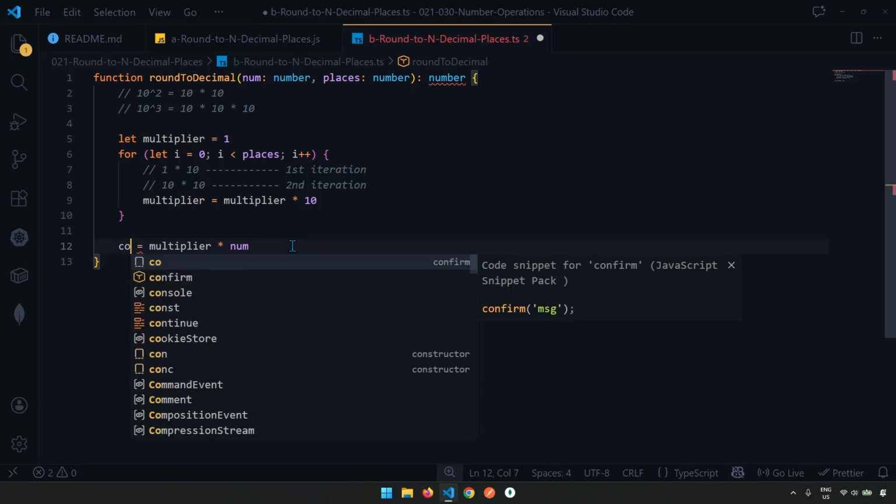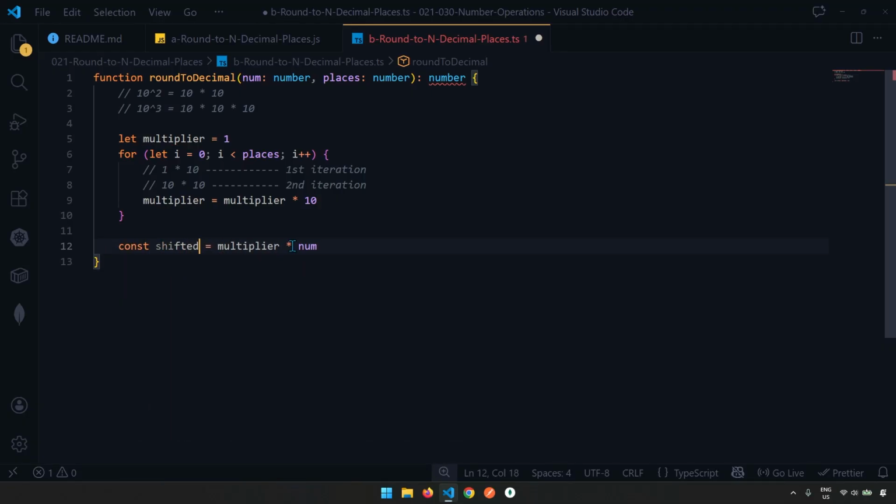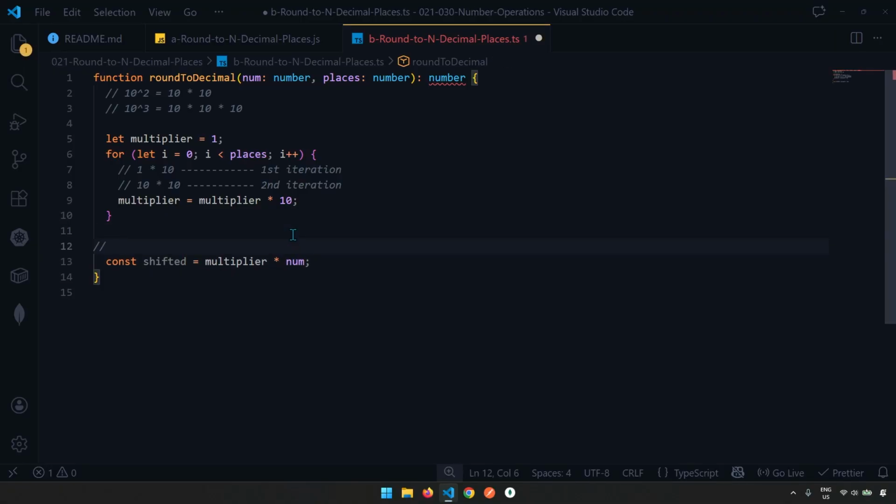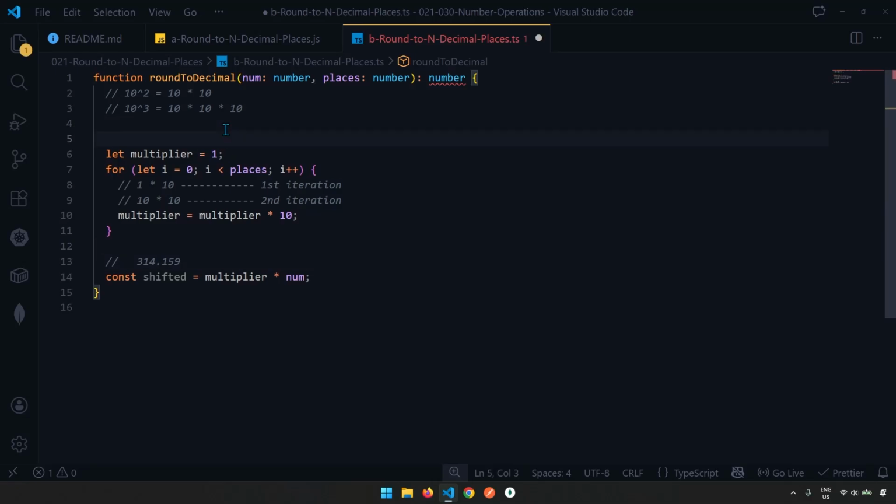So const shifted. This basically gives me, if number was 3.14159, 314.159. At this point, this is what I got. So right here, this is going to be the shifted value.